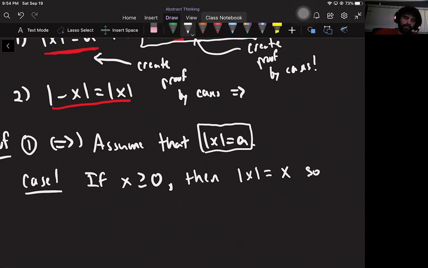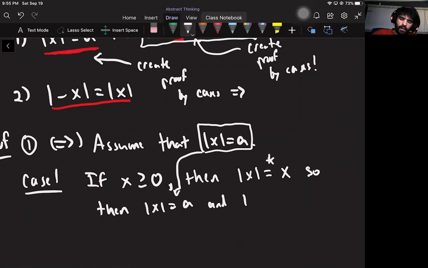So then, it's a very quick proof: the absolute value of x equals a, because of this assumption here, and because of this, the absolute value of x equals x, so x equals a.